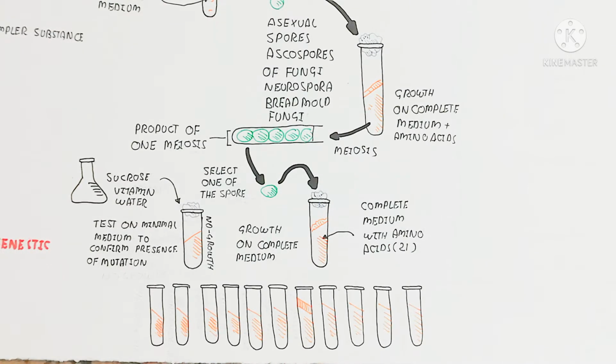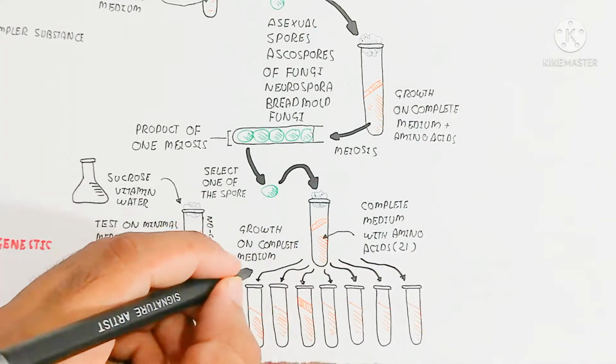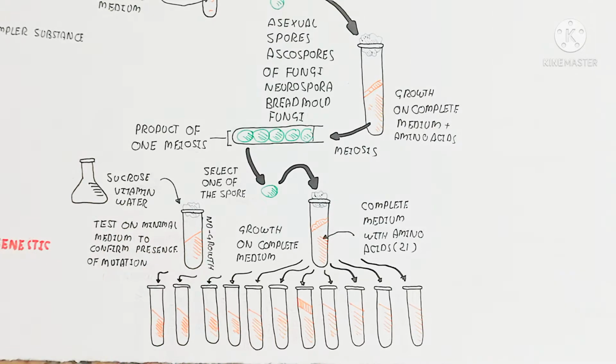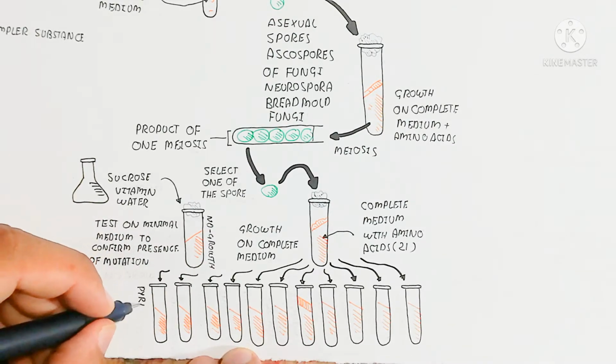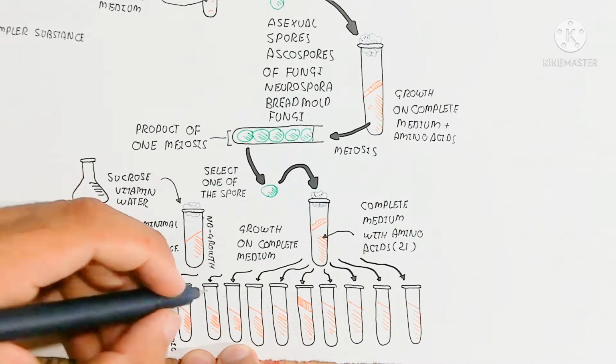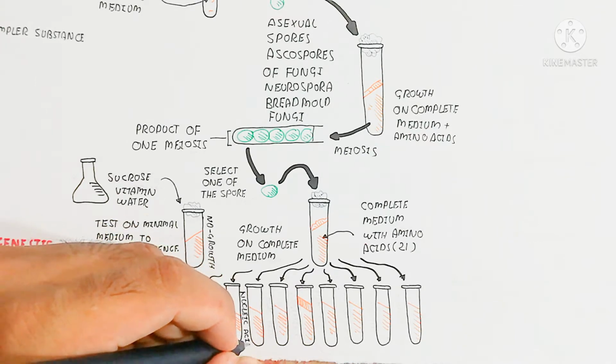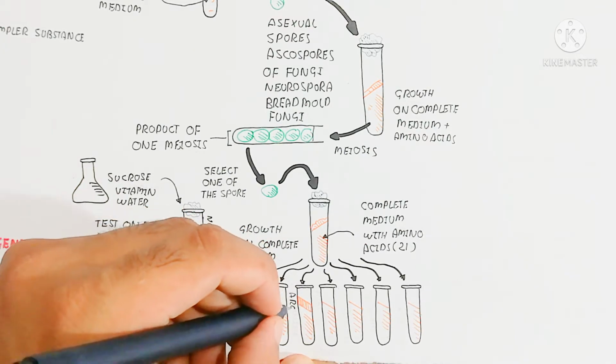So here we take minimal medium and give the Neurospora, each tube containing pyridoxine, para-aminobenzoic acid, choline, inositol, nucleic acid, folic acid, arginine, niacin, riboflavin, thymine, and others.